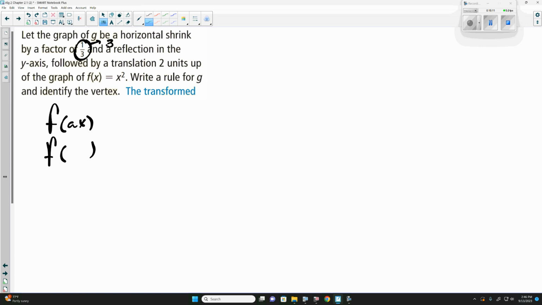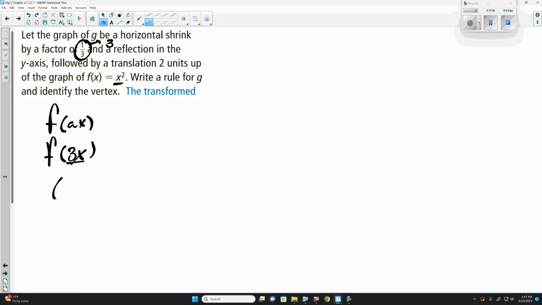So we can replace a with 3. So we have f of 3x. Now this one here is the first one that we've actually had something different than just f of x or h of x. We have f of 3x, which means every x in the function is going to have to be replaced with 3x.